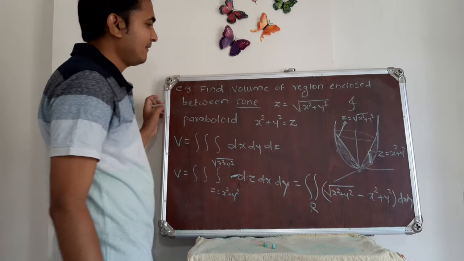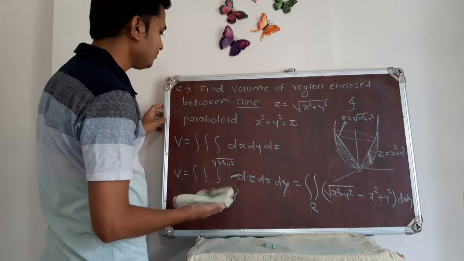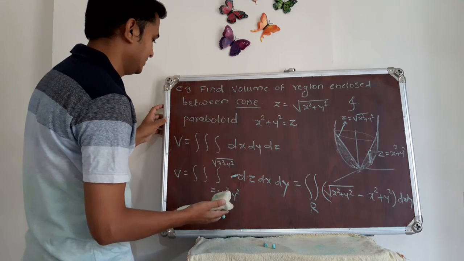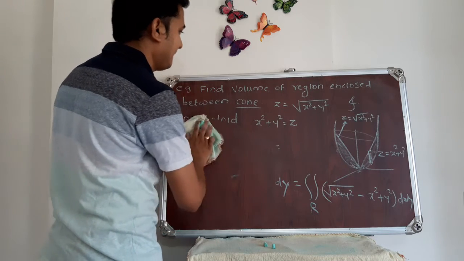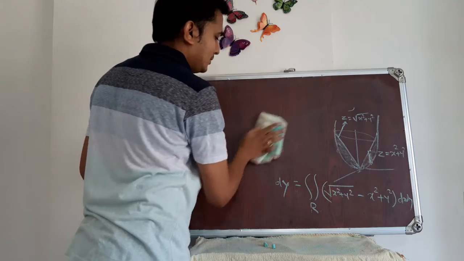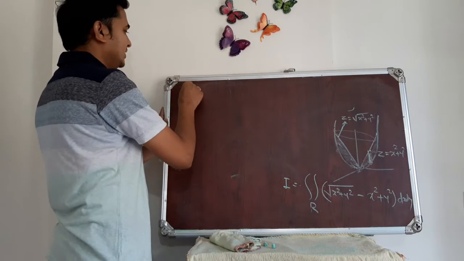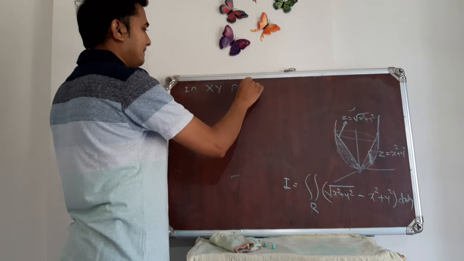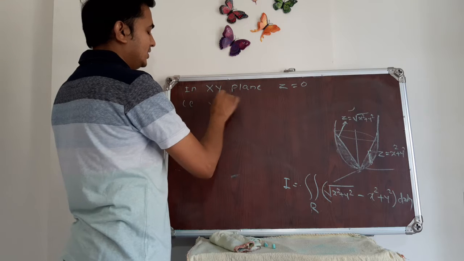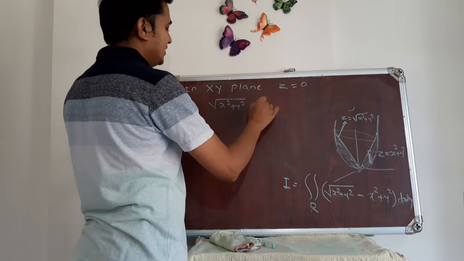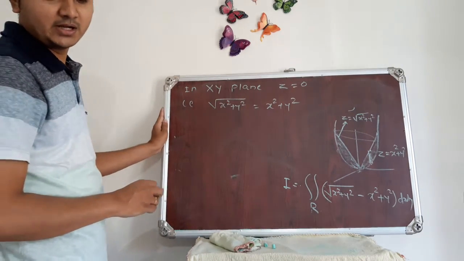In the xy plane, z is 0, so this is your I. That is, under root x square plus y square equal to x square plus y square.